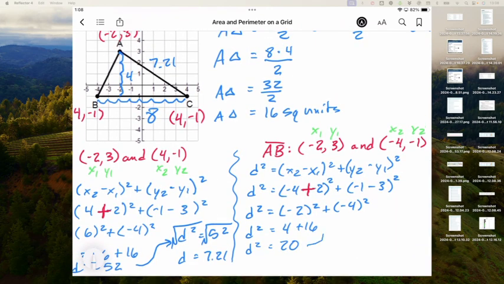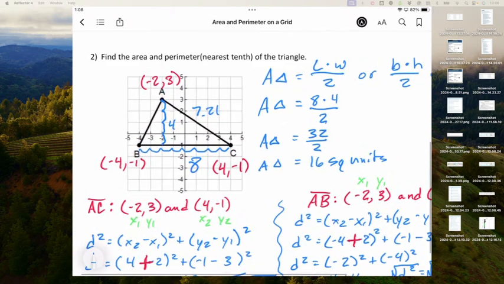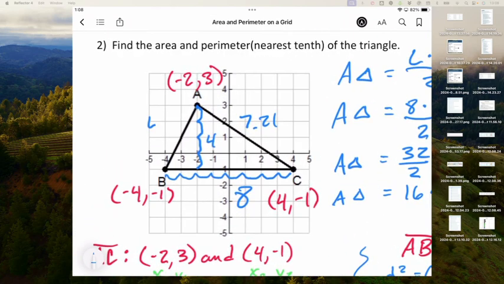And similarly, I'll move this over to the side so that I can have a little bit more room. D squared is equal to 20. We square root both sides. D is equal to 4.47. So coming back here on the figure, this side is going to be 4.47.